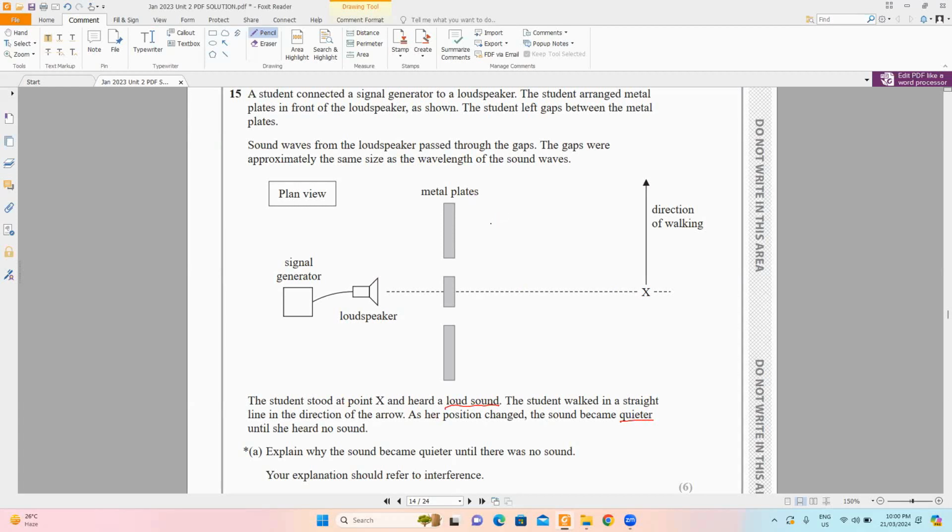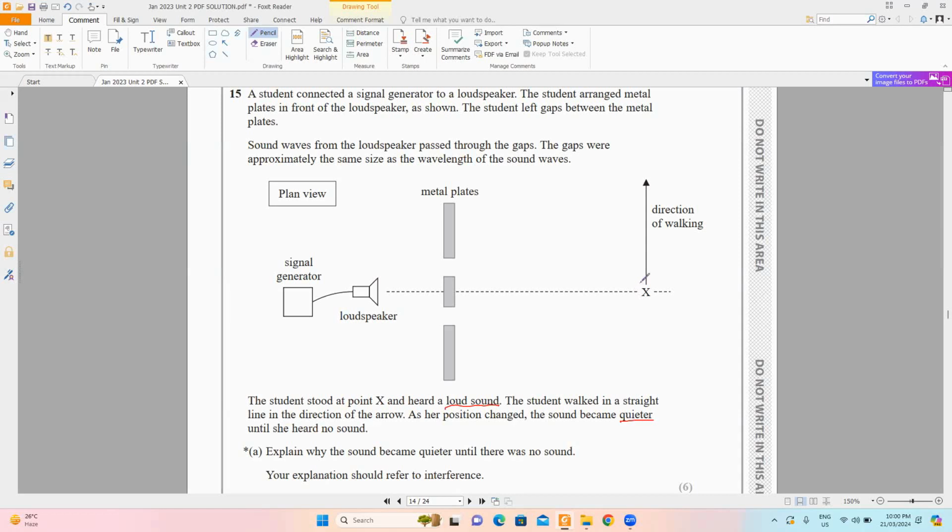So actually, even though the question says why the sound became quieter, since it's a 6-mark question, you also have to address why the sound was loudest at X. So when do waves produce a loud sound? When they interfere constructively. And when does constructive interference take place?